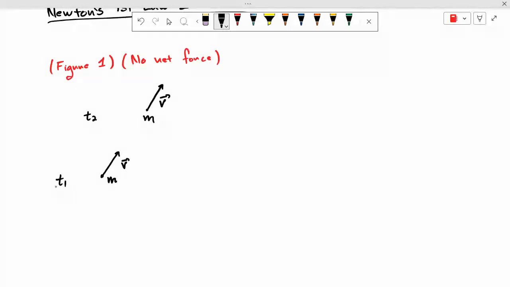But let's talk about net forces, because net force doesn't just mean force, it means the sum of forces.